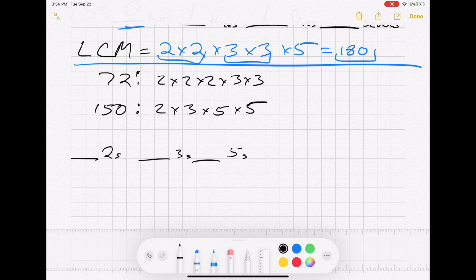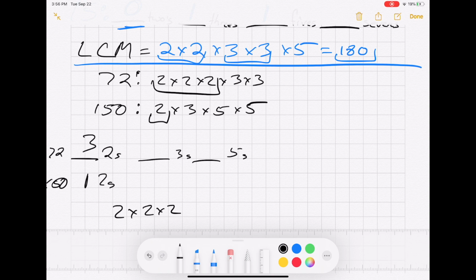And so for 72, I have 3 2s, so 2 times 2 times 2, because the 150 only needs 1. And a minimum of 2 3s here, so times 3, and I need a minimum of 2 5s here.